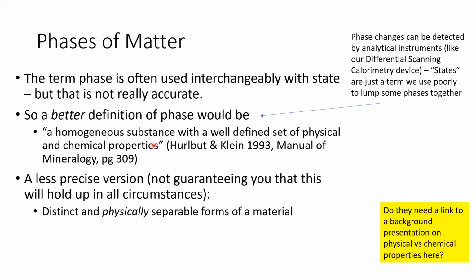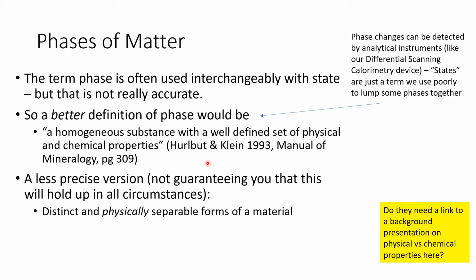Here is an old definition from one of my mineralogy textbooks: a homogeneous substance with a well-defined set of physical and chemical properties. I think another definition that might be a little more accessible, but I can't guarantee this is going to work perfectly, is a pretty good working definition.